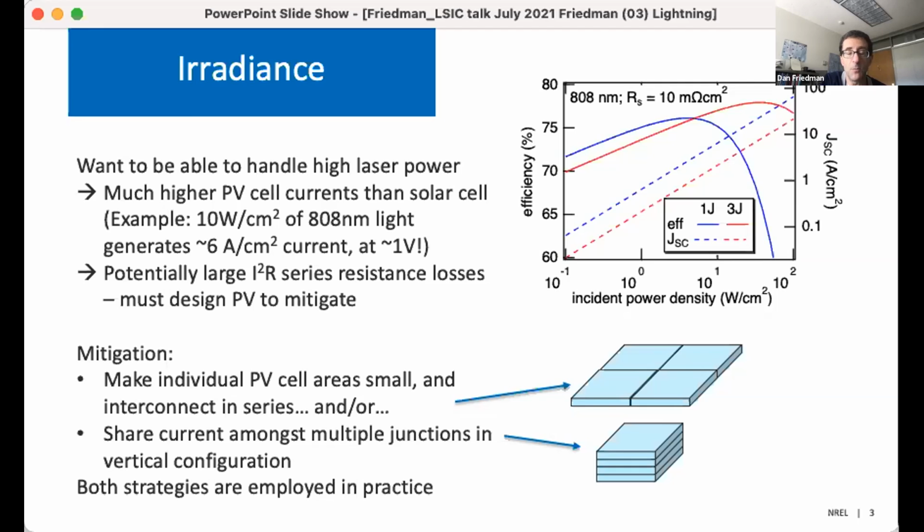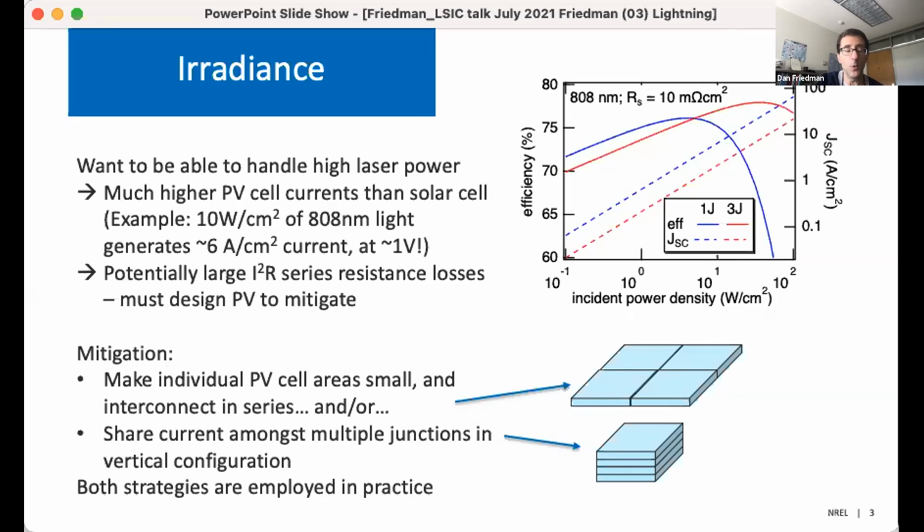The other, shown below, is that you could stack those individual solar cells one above the other, and assuming you design it right, that essentially has the same effect, where some of the light is absorbed in the top junction and some in the second junction and so forth. It has the same effect of reducing the current and increasing the voltage, and this is a very, very effective way of doing things.